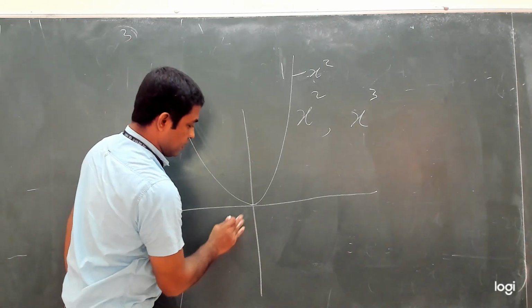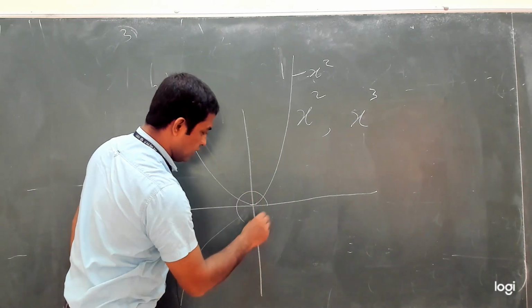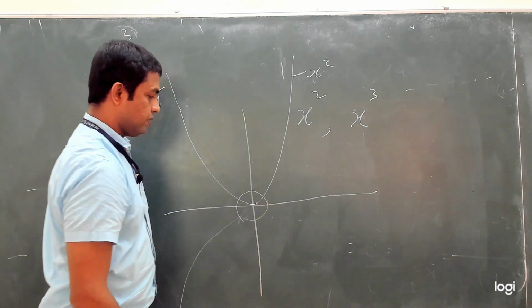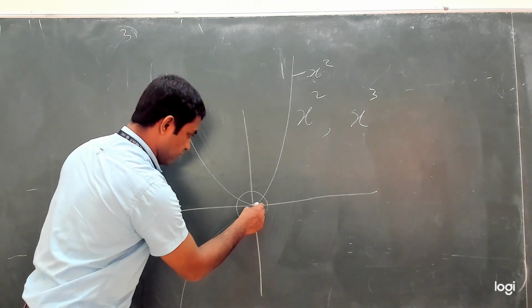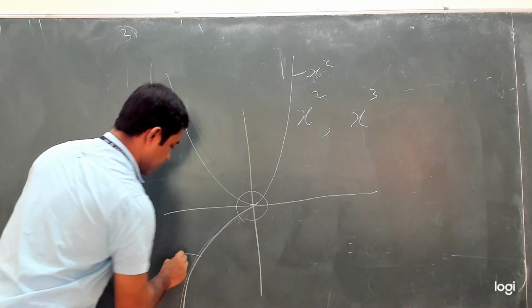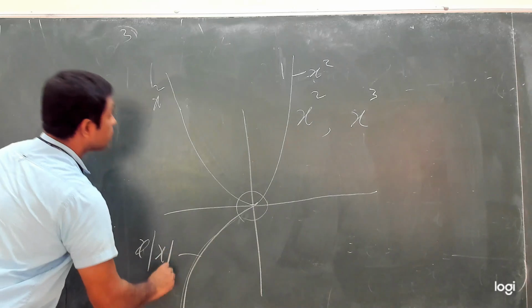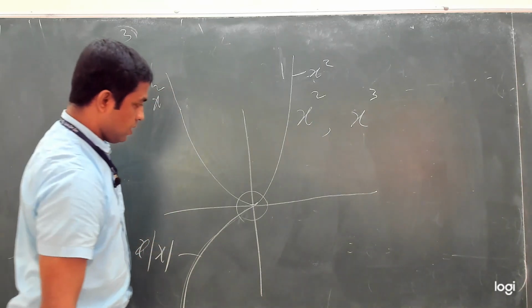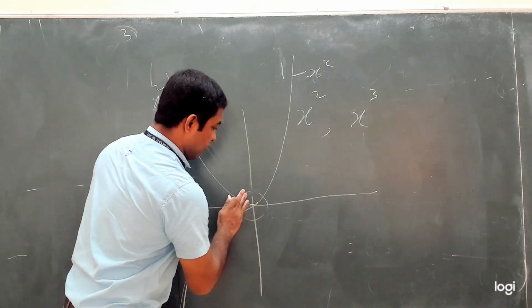But here, that is what I was talking about. In this area, even if it is x mod x, okay, x mod x will go like this. So this is x mod x, this is x square. So in this area, I will just blow it up.